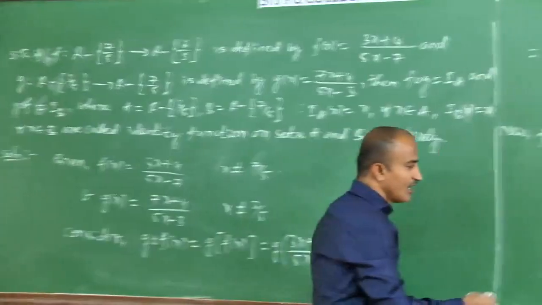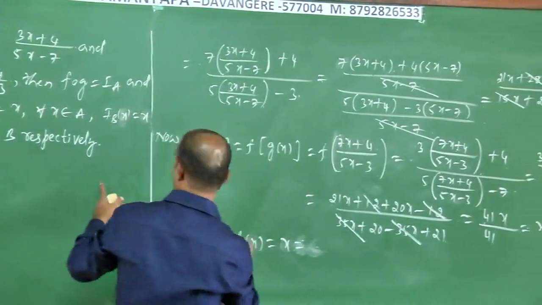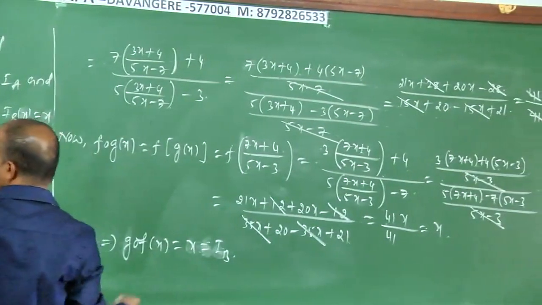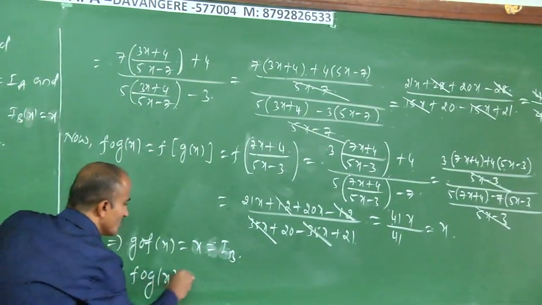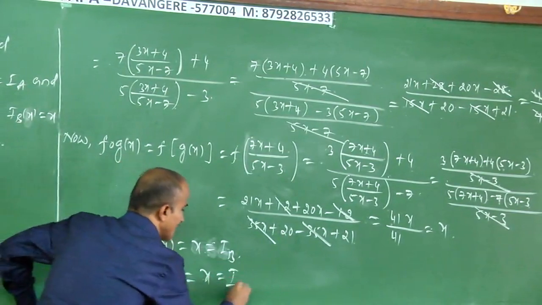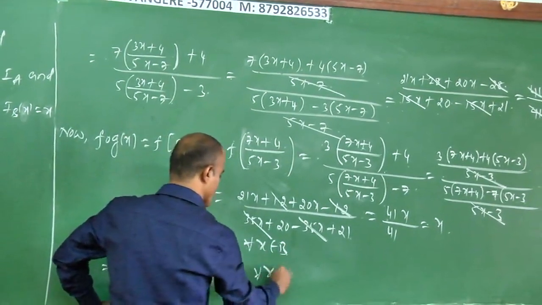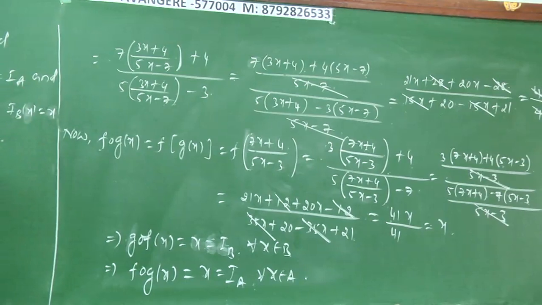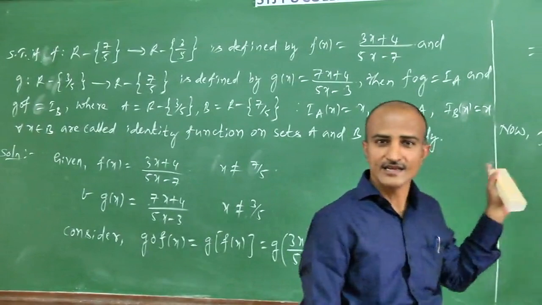This implies gof of x is equal to x, which is equal to I of B, and fog of x is equal to x equals I of A, for all x belongs to B, and here for all x belongs to A. Thus we have proved that fog equals I of A and gof equals I of B, where IA and IB are identity elements.